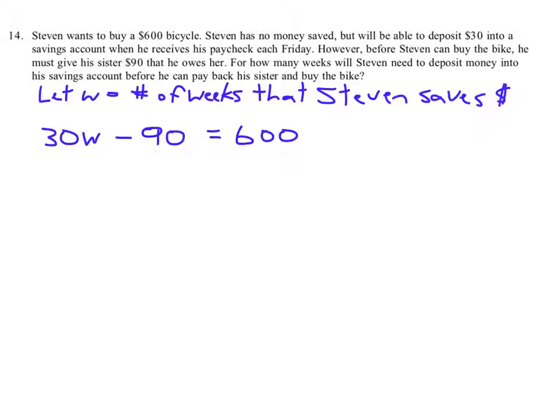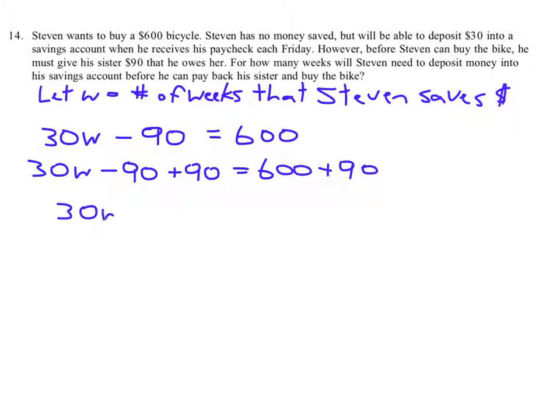Another way of looking at that, and you can see it if you were to add 90 to both sides, would be, watch what happens. This is just another way you could have written it initially. I'm actually starting to solve this by saying plus 90 to both sides. But watch what results here.